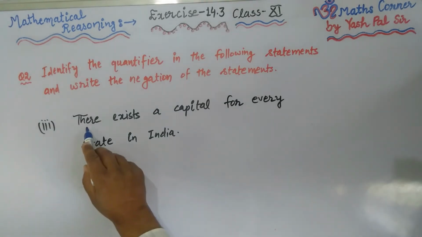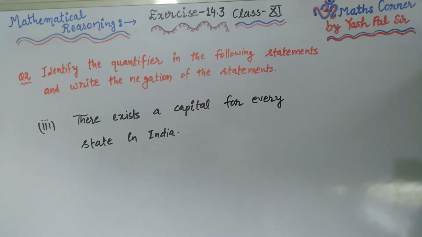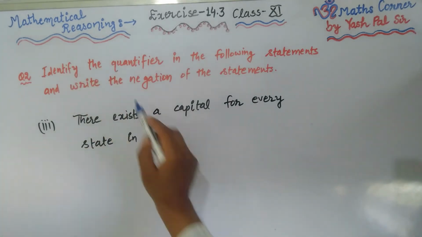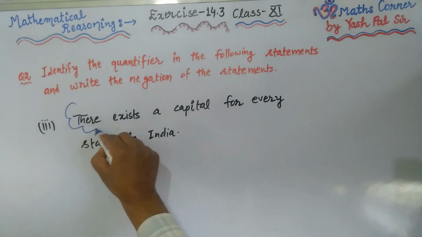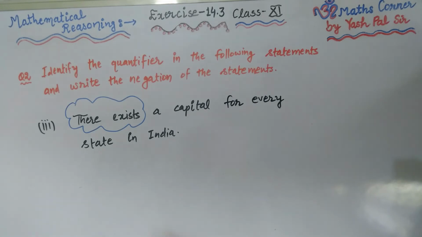Now next part. Third part: there exists a capital for every state in India. First of all, identify the quantifier. There exists is the quantifier. Next, write the negation of the statement.